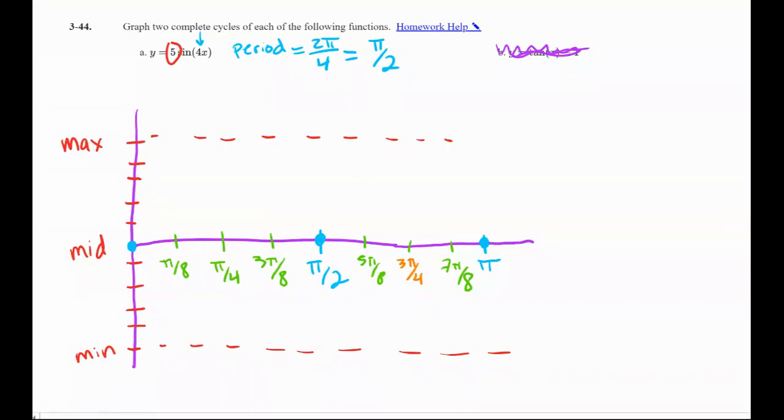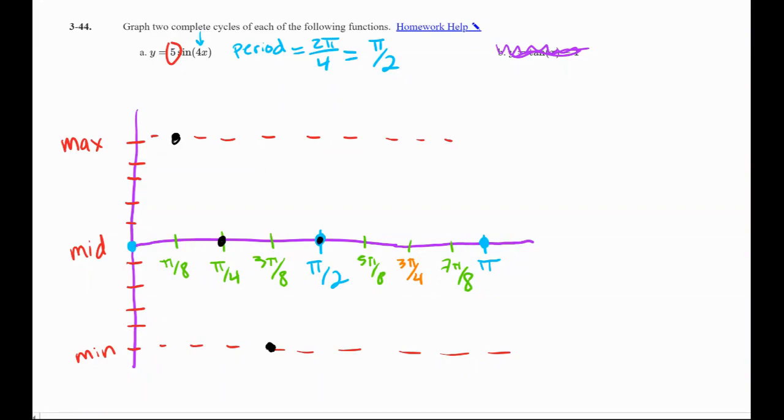Okay, so now that we have that, the final step is to actually graph it. So remember, for each of these dashed lines, I'm going to hit either the midline, maximum, or minimum. So first one, since it's a positive sine value, I go up, then I'm back down to the midline, down to the minimum, and back to the midline.